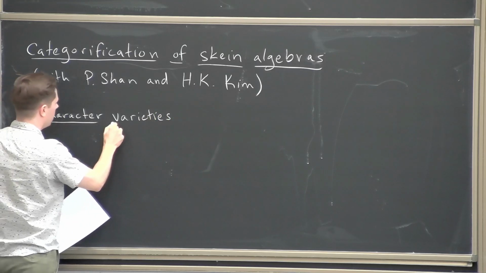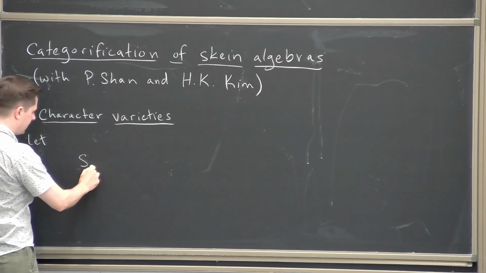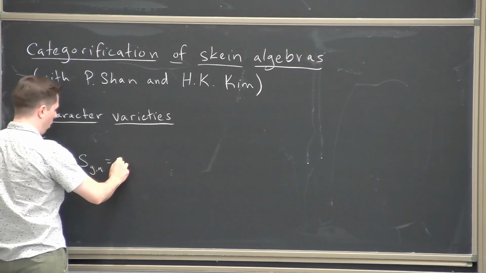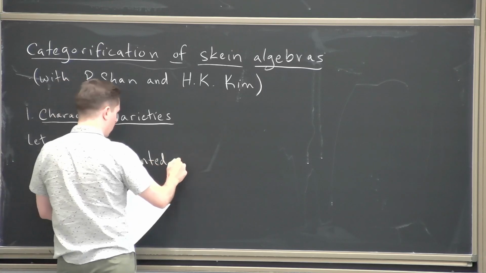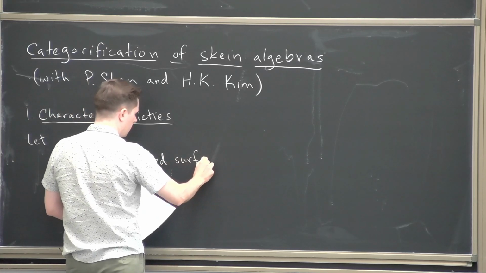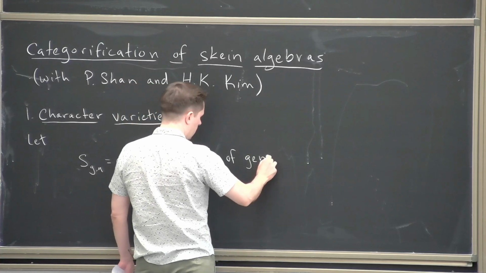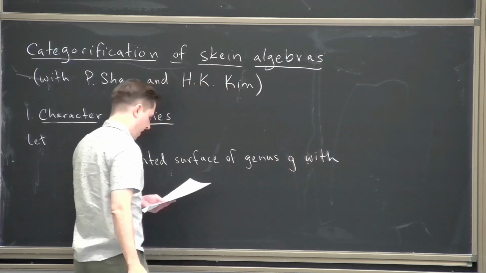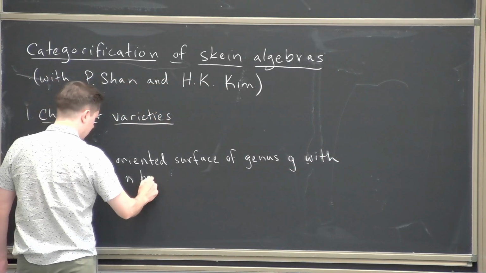So here I'm talking about character varieties of surfaces, and I will write S_{g,n} to mean an oriented surface of genus g with n boundary components.